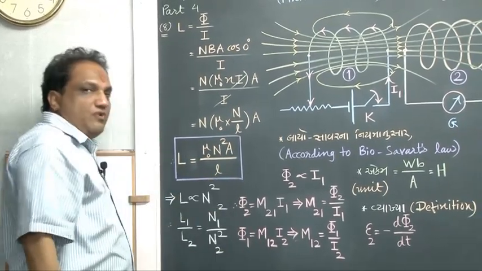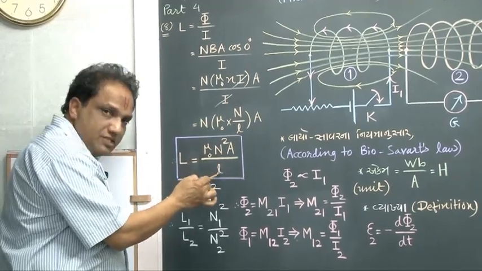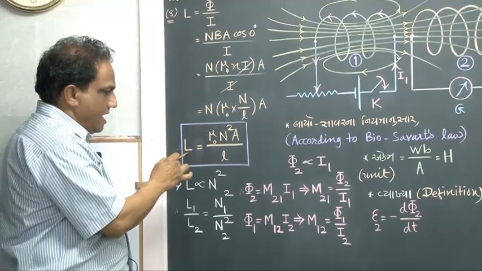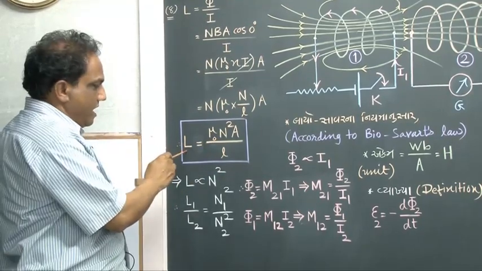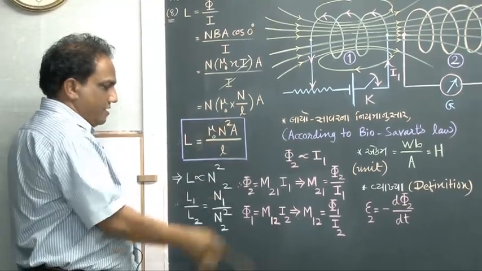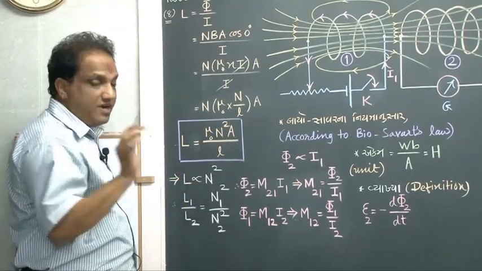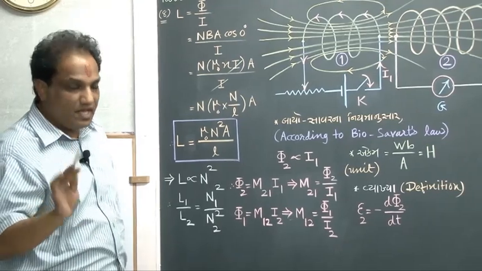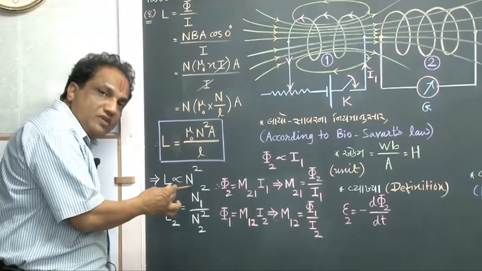Simple. For a given solenoid, remember these three values are constants. So now, if you think of relation between capital L and capital N, then that relation would be L proportional to n square. Remember, self-inductance of a solenoid, of course extremely long solenoid, is directly proportional to square of total number of turns.